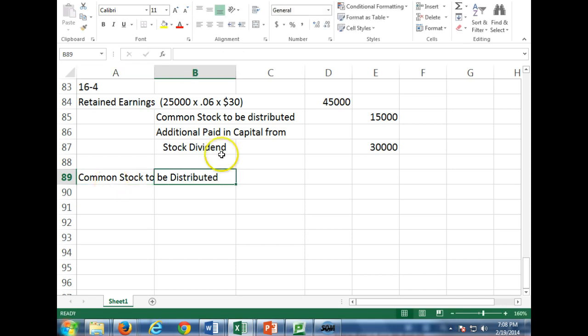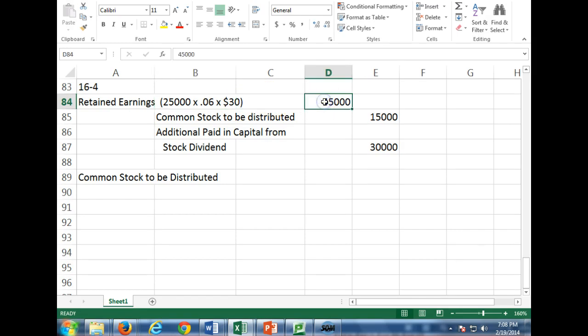Okay, so we've got 25,000 shares that we're issuing a 6% dividend on, and currently the market rate is at $30 a share, okay?